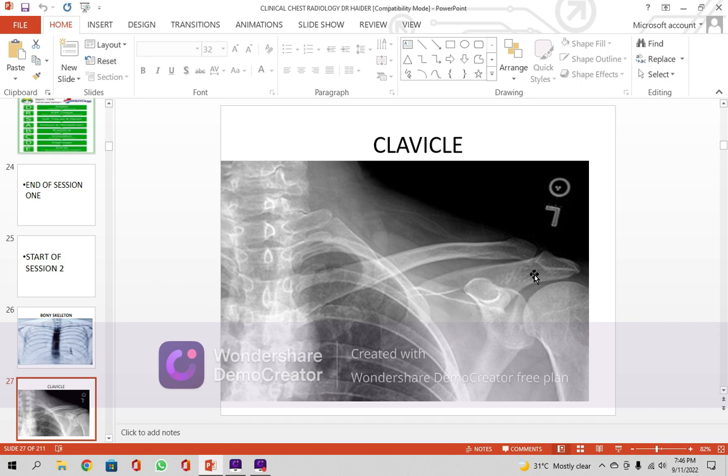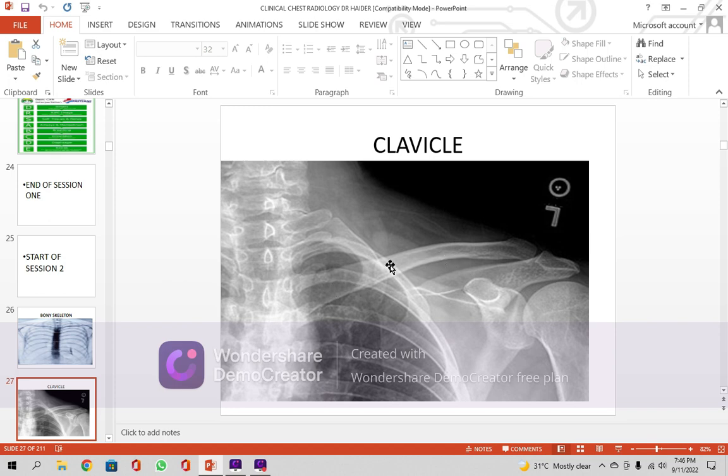Okay, fine. But the thing is, this clavicle here, this is the medial end, this is the lateral end. We divide this clavicle into 3 imaginary parts. Now, this here is part of this third line, second line. So this is the lateral, this is the middle part, and this is the medial part.